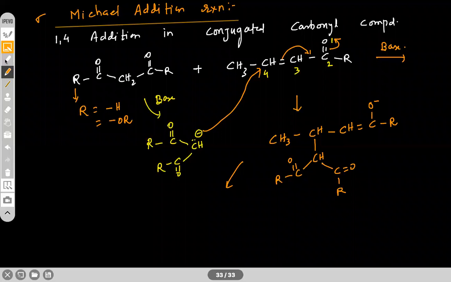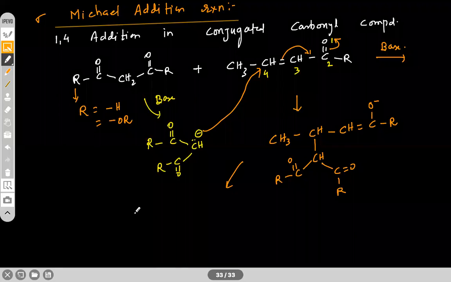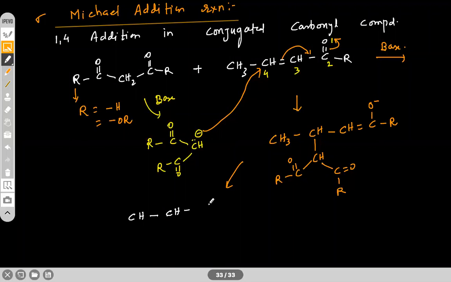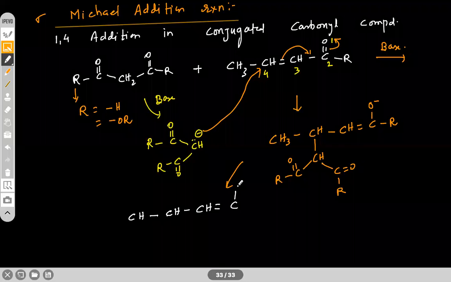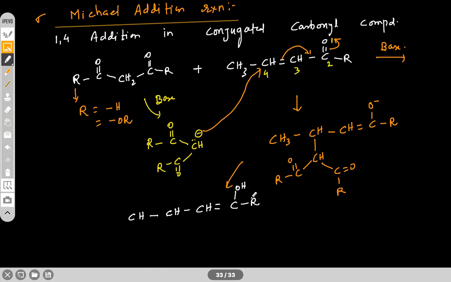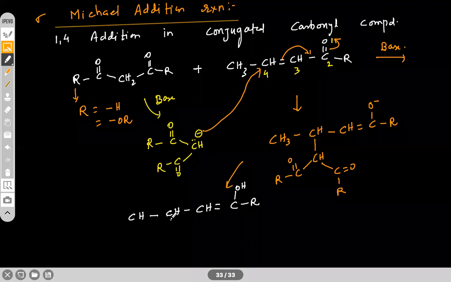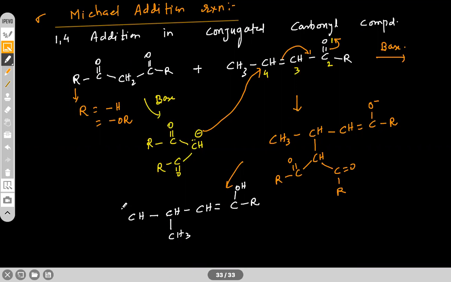So if I write down this side, this would be CH, CH single bond, CH double bond, COH, R, and this carbon has one CH3 this side, and this has two groups, C double bond O, R, C double bond O, R. This with the base which takes this H plus forms BH, suppose.